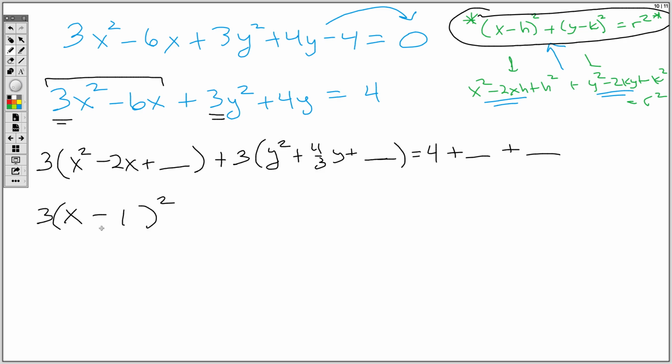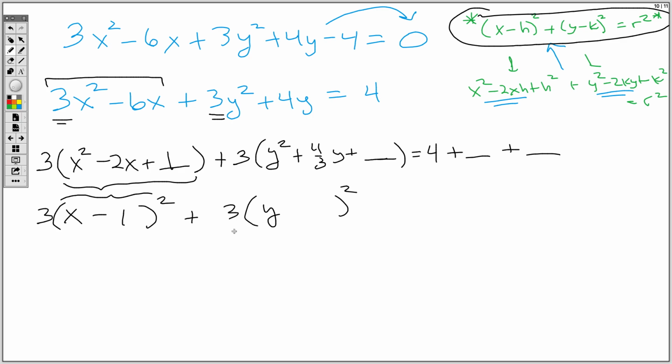Now, if I multiply out x minus 1 squared and FOIL it out, I'm going to get x squared minus 2x plus 1. So in other words, this quantity factors into this perfect square. Plus 3 times, and now I want to do the same thing for the y.